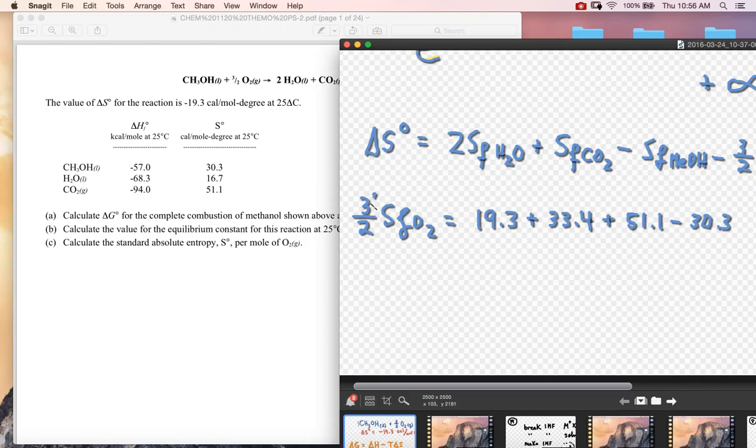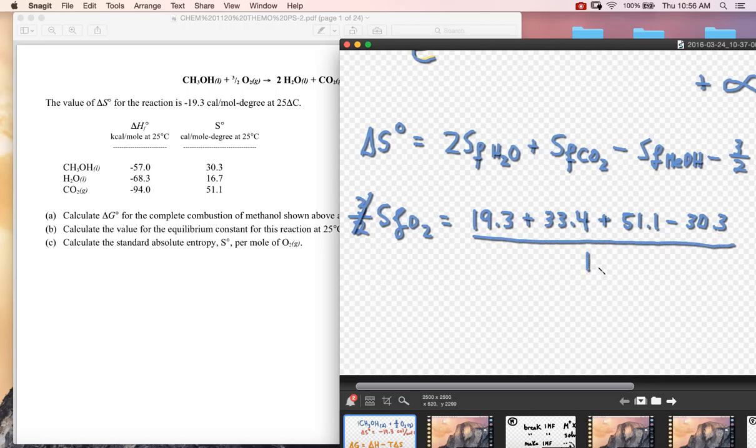And then finally, I want to divide all of that by 1.5.